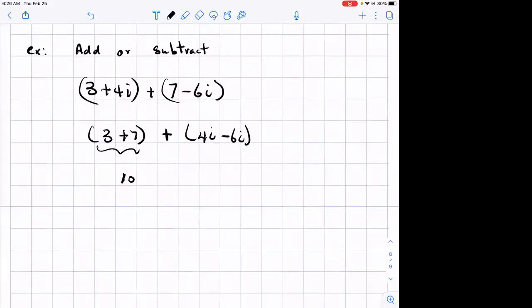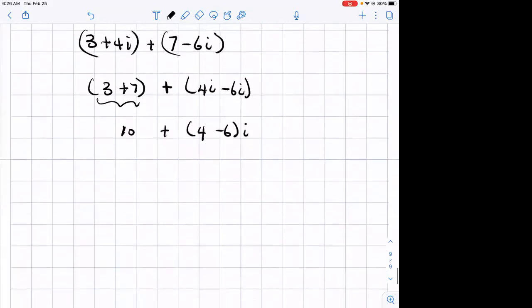If we add the 3 plus 7, we get 10. Plus, if we take out the i, we have 4 minus 6, put the i on the outside, and 4 minus 6, we have 10 minus 2i. And here is the final result. So it's just a matter of combining like terms. Okay.